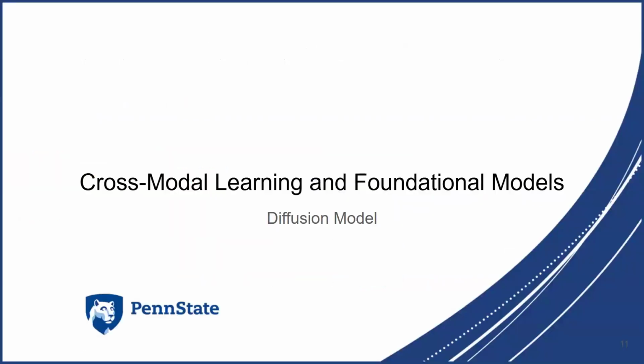So that concludes the basic ideas of the contrastive learning and its application and evolution in the medical image domain. Now let's go to another technique called the diffusion model.